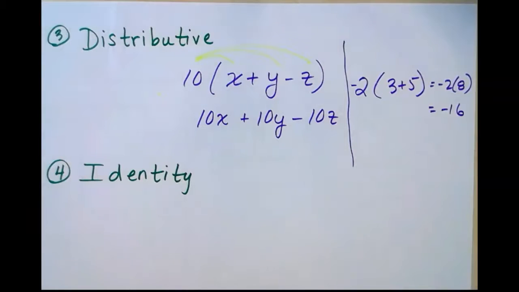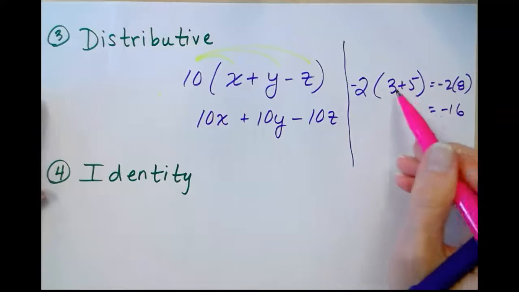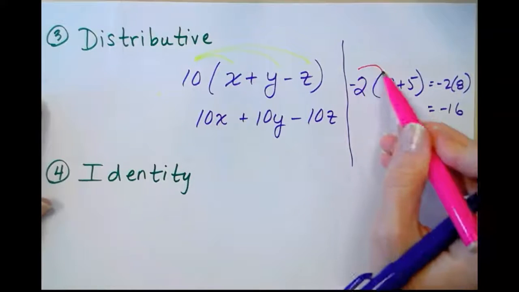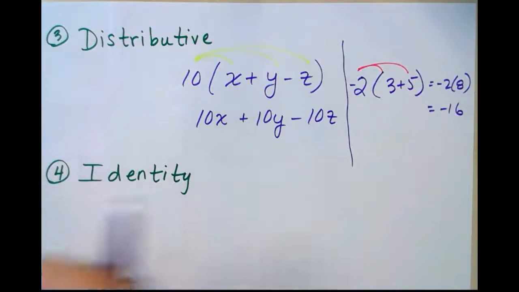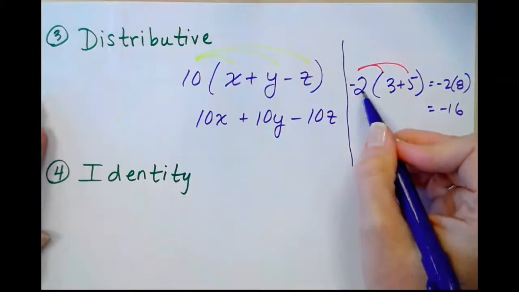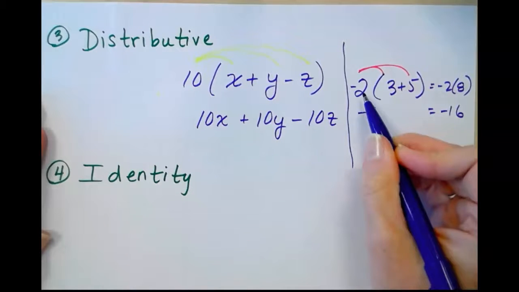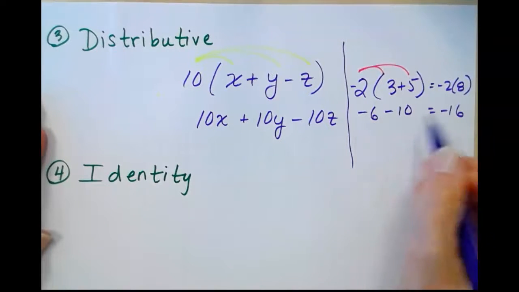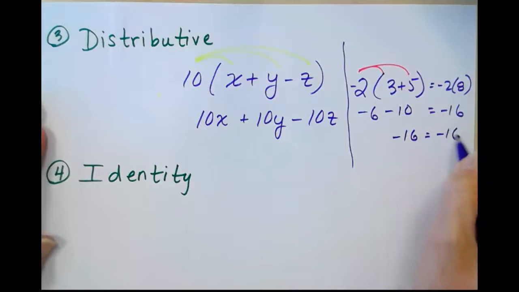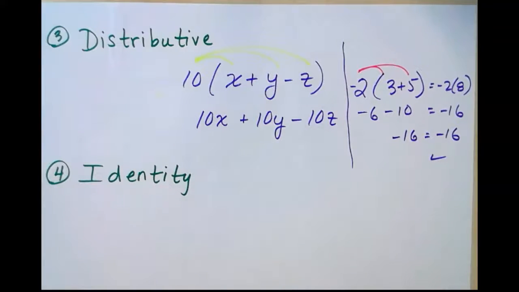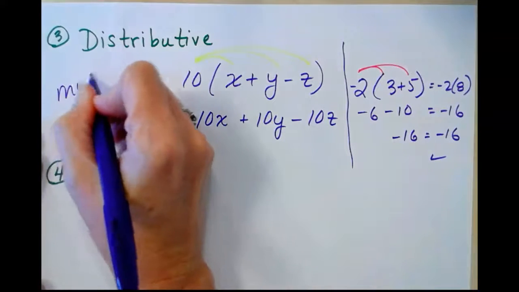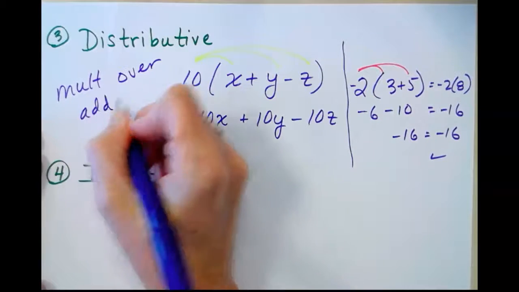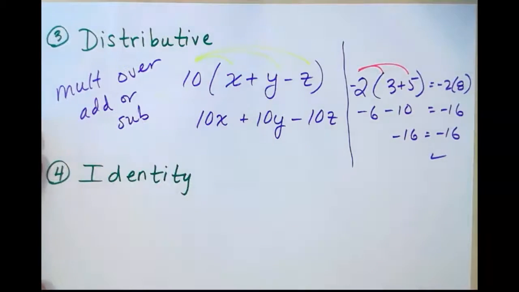But just as a reminder, even if we are able to combine like terms inside the parentheses, we still could use the distributive property, and we would get negative 2 times 3 is negative 6, negative 2 times 5 is negative 10, and a negative 6 and a negative 10 is still negative 16. So it works either way. The distributive property is multiplication over addition or subtraction.